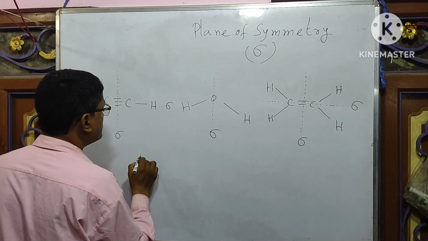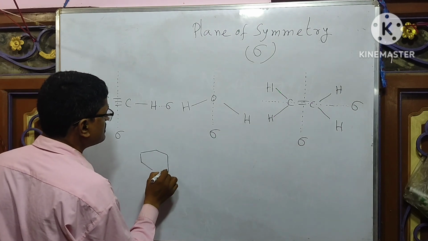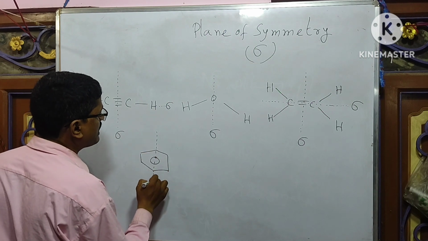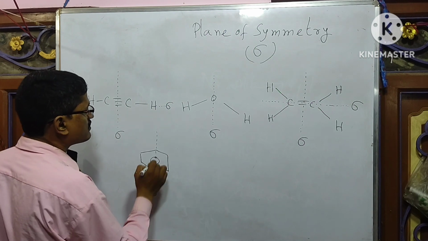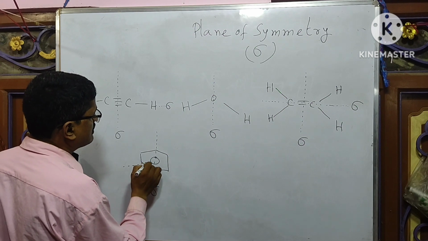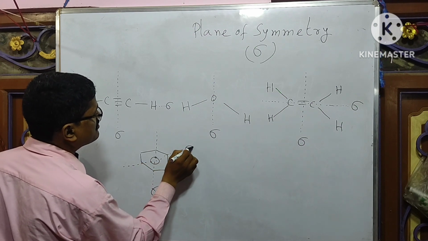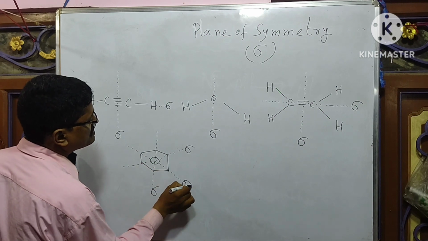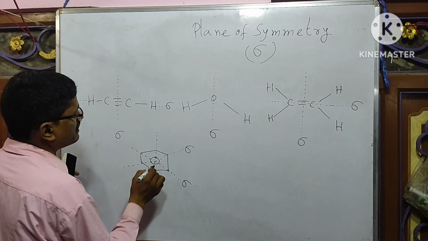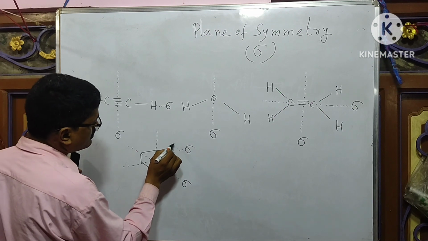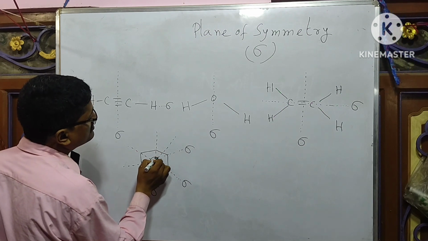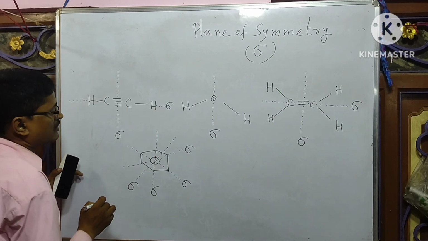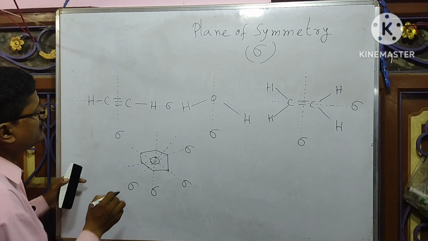In case of benzene, this is the benzene molecule. One sigma plane is along the opposite corners. This sigma plane is also possible along this corner. This sigma plane is possible along this corner. Again, through the middle of the body, between 2 opposite arms, another sigma is possible.